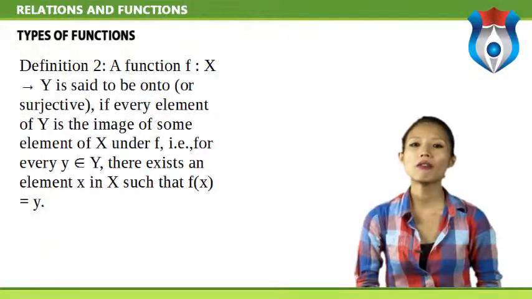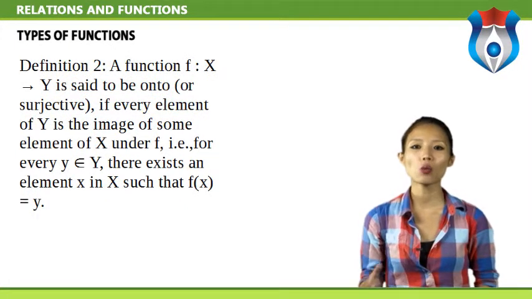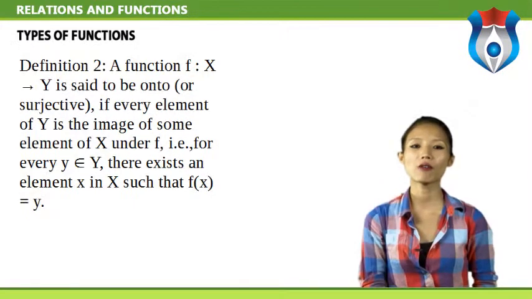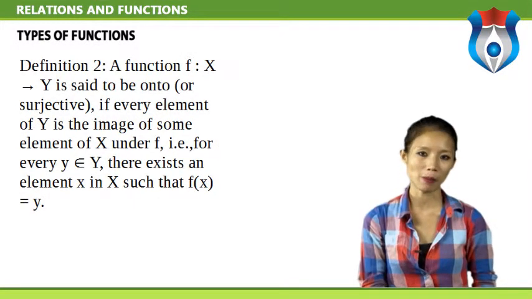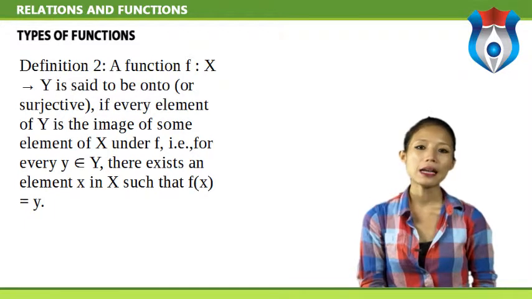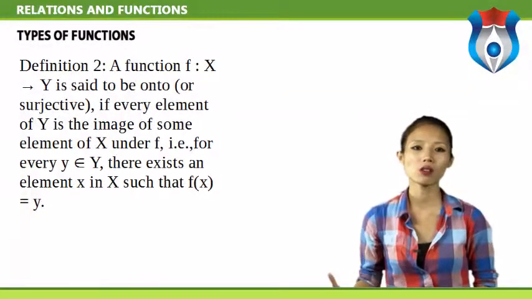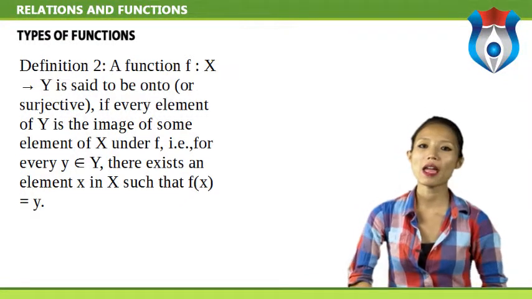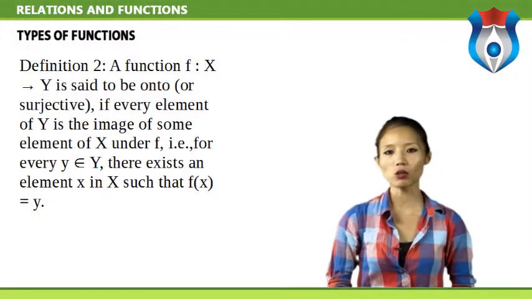Definition 2. A function f from X to Y is said to be onto or surjective if every element of Y is the image of some element of X under f, that is, for every y belongs to Y, there exists an element x in X such that f(x) = y.